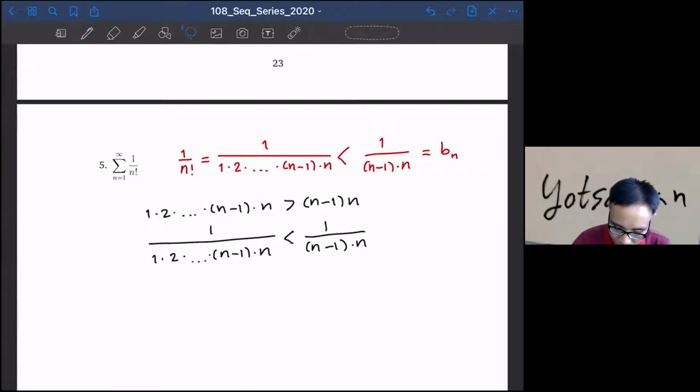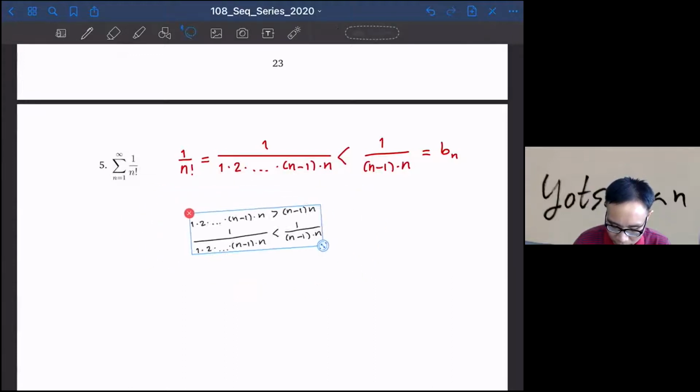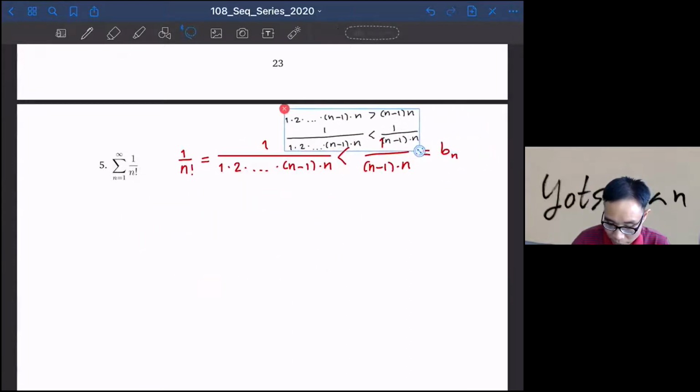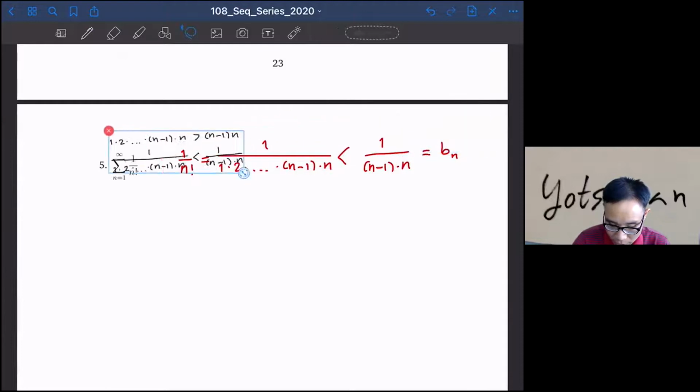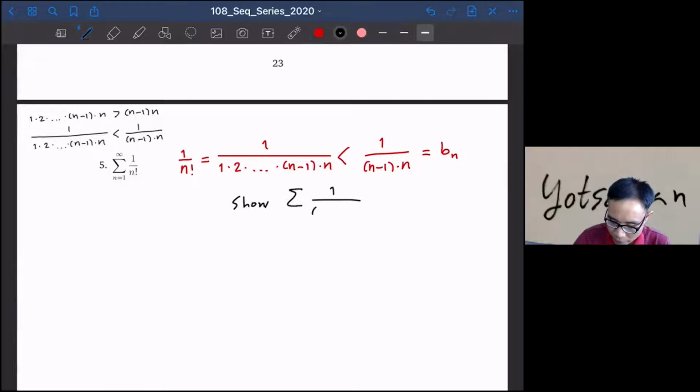Let me move this calculation up here. So we must show that the series of 1 over n minus 1 times n is convergent.